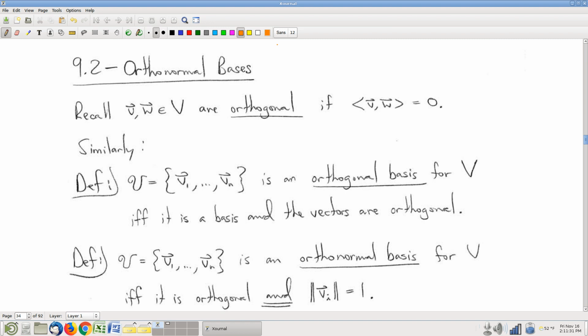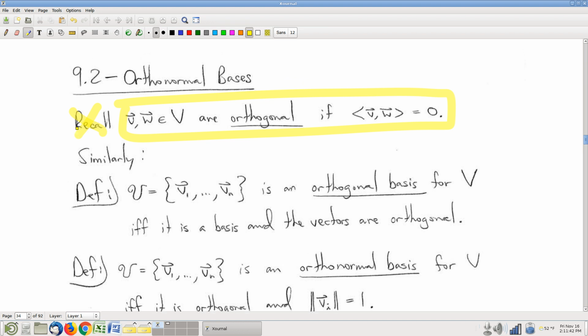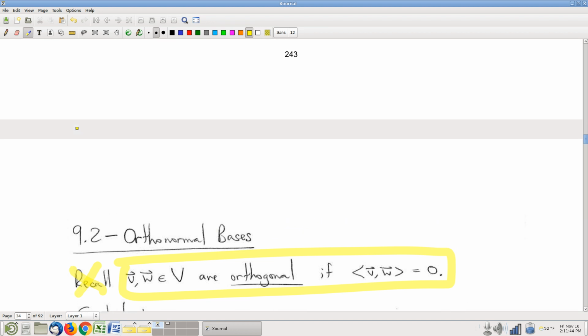So, new topic. We're going on to section 9.2, orthonormal bases. This idea of orthogonality. I wrote "recall" here. It's not really quite recall, but for dot products, this is a recall. We say that two vectors in R3 are orthogonal if their dot product is equal to 0.